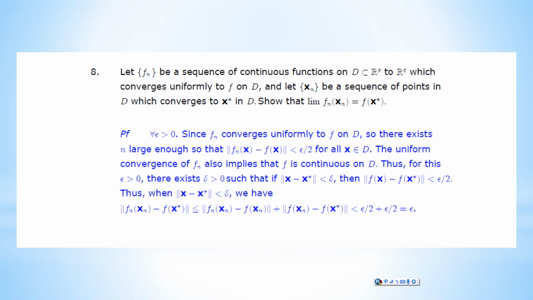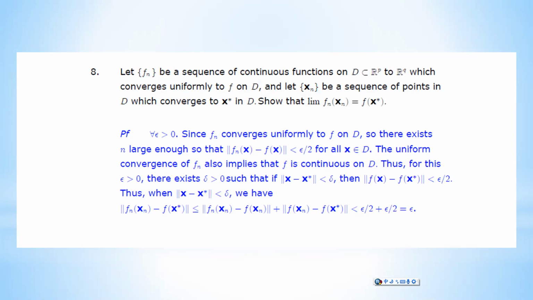So you can estimate this by |fn(xn) minus f(xn)| plus the second term, |f(xn) minus f(x star)|. Both terms are estimated above already by epsilon divided by 2. So you add these together, and you can see that this is less than epsilon.